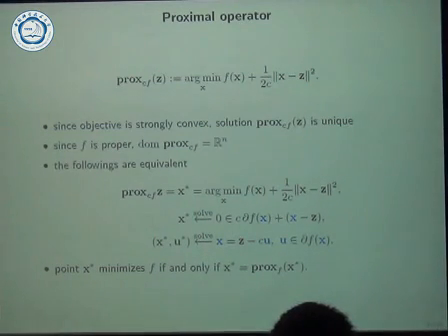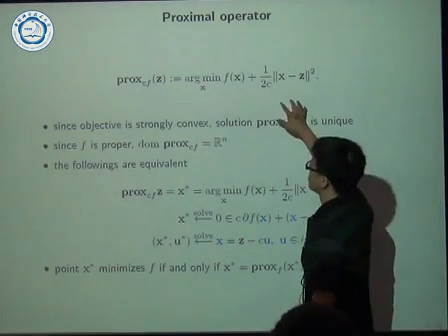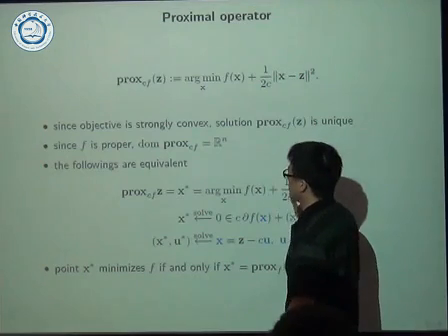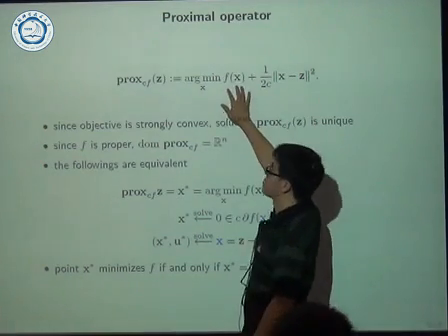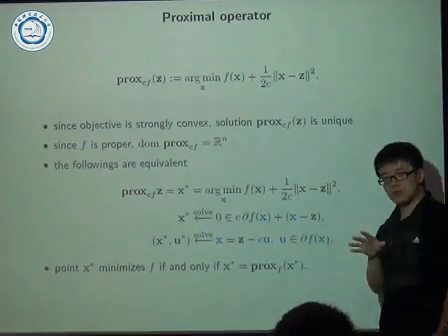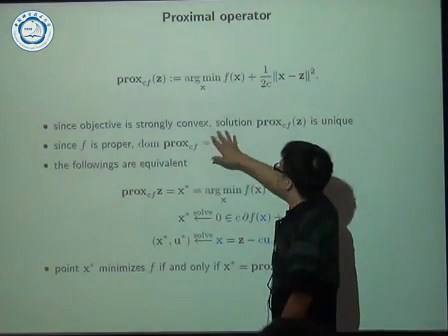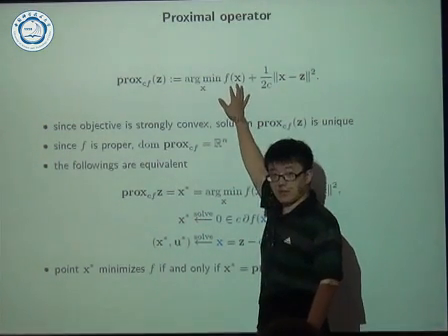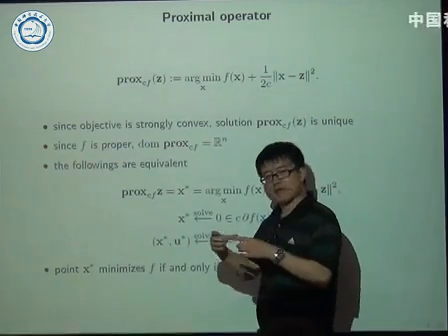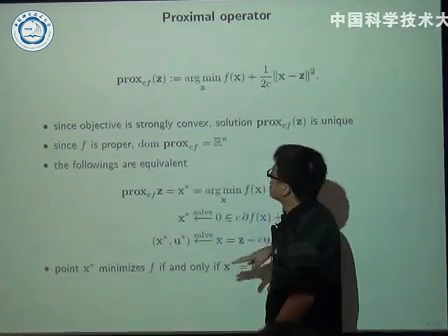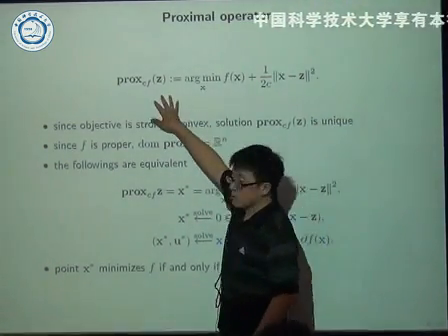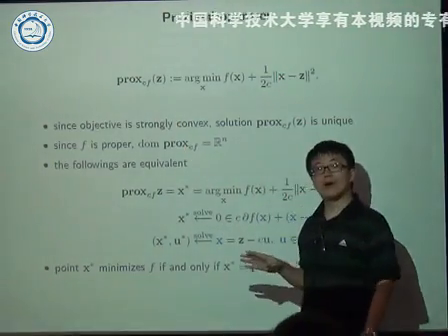Now let's look at the domain. I haven't talked about the domain of the function; I assumed it is defined everywhere. But if you do have a finite domain where f of x has finite value, and outside this domain f of x is infinite, then the domain of this proximal operator is actually Rn.